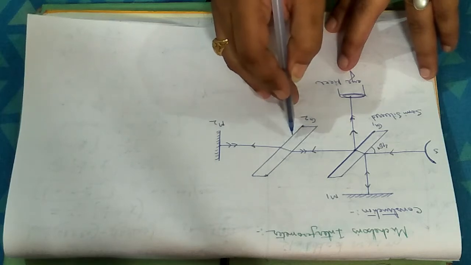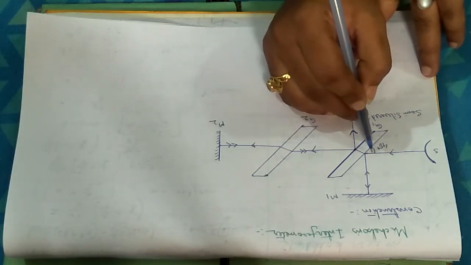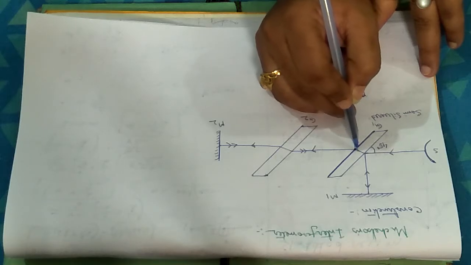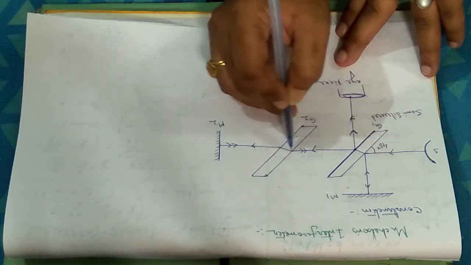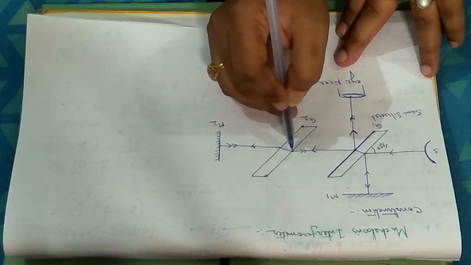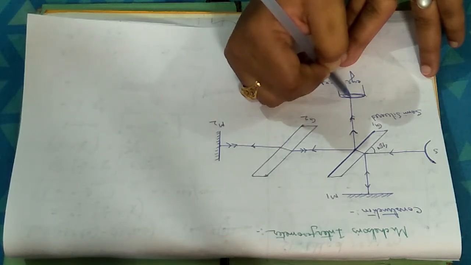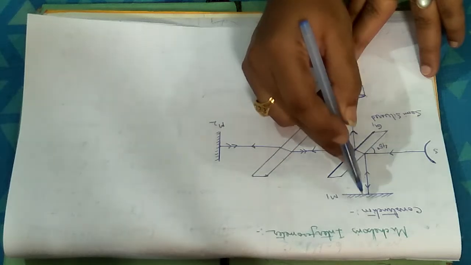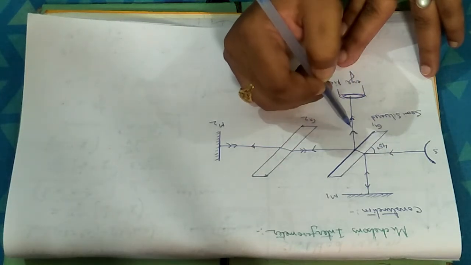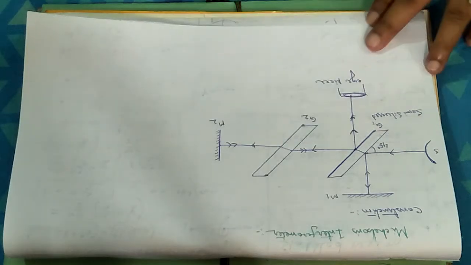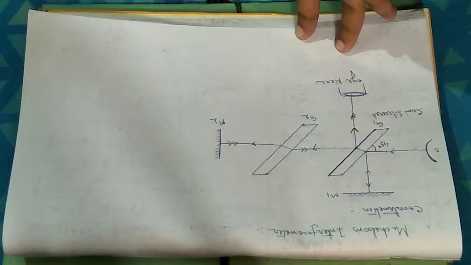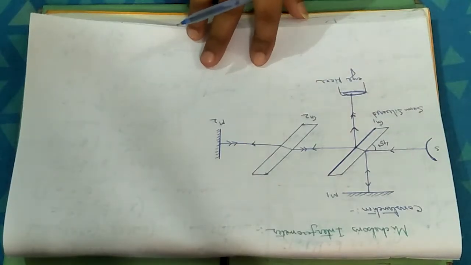G2 actually acts as a compensator, that the ray is traveling first through the glass plate, then again here through the glass plate, again while coming back it is traveling through the glass plate and going downwards, and the first ray which is vertically upwards, this is also traveling through the glass plate. So I know the optical path is equal to the geometrical path multiplied by mu, the refractive index.